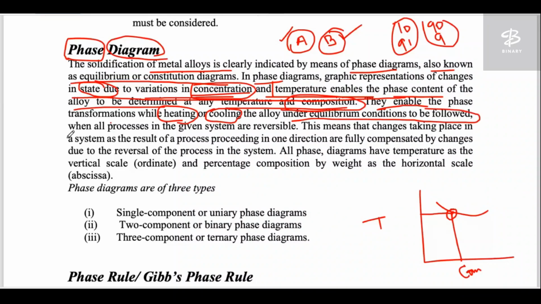Okay, so all the processes in the given system are reversible. What does reversible mean? Suppose you were here at point E, and now you come here at B. Anything, suppose you are a human being or any system.